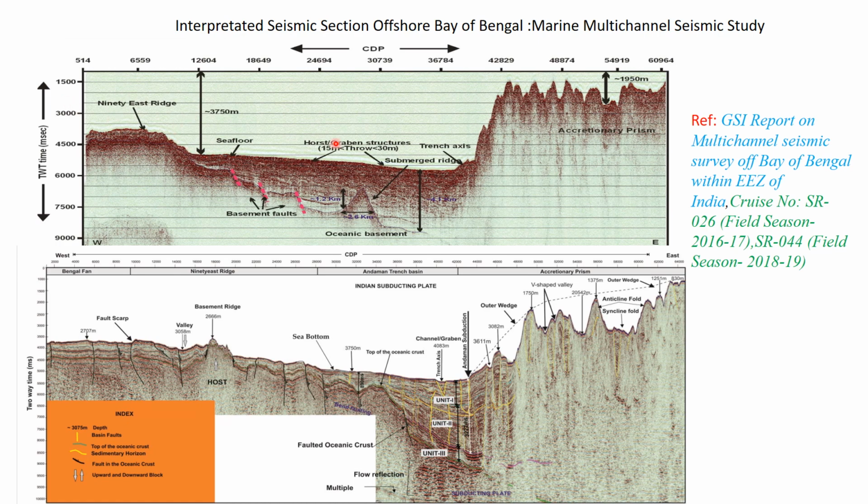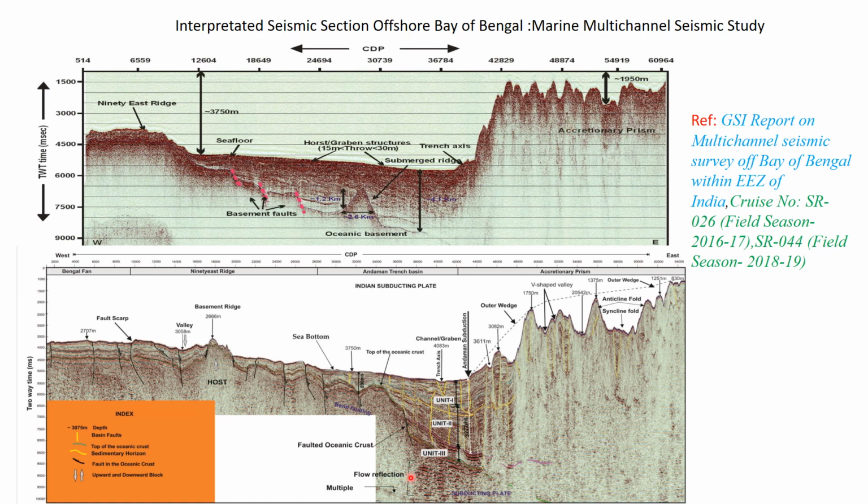There is a trench axis and a geological feature called the accretionary prism, which has very uneven surfaces where hardly any ray can penetrate, making it a very tough zone for seismic analysis.